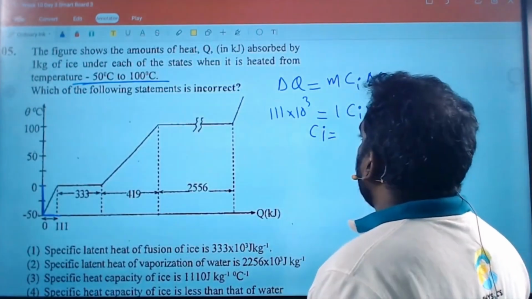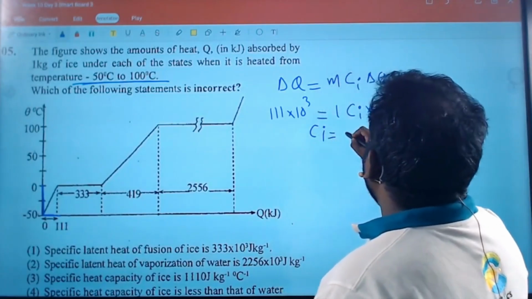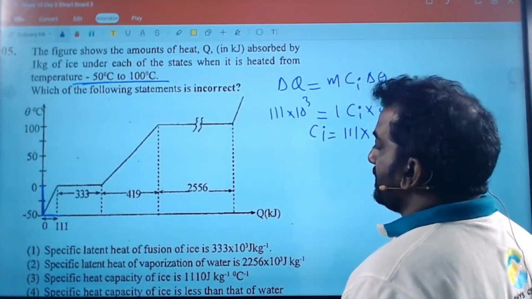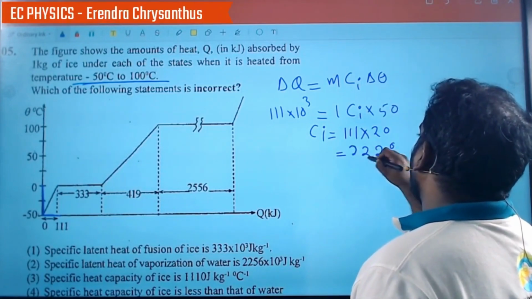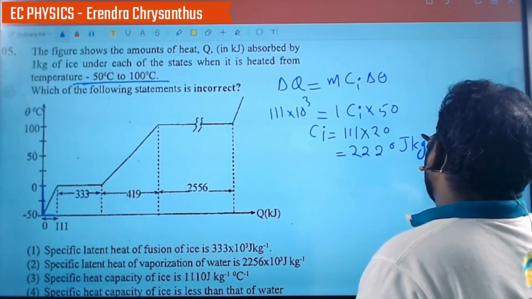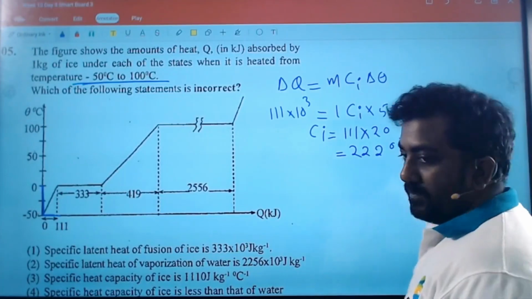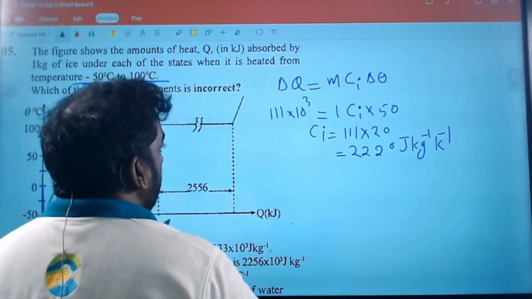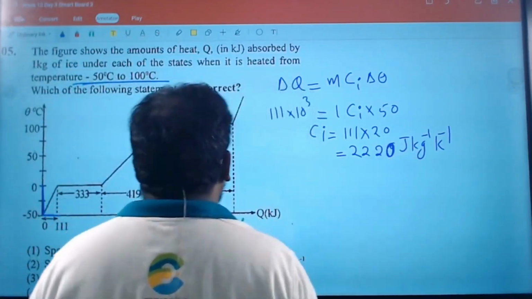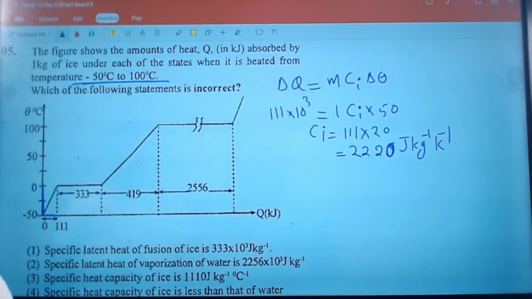Simplify this carefully. 1000 divided by 50 is 20. 0.222 joules per kilogram per Kelvin. Joules per kilogram per Kelvin. 1220. Right.